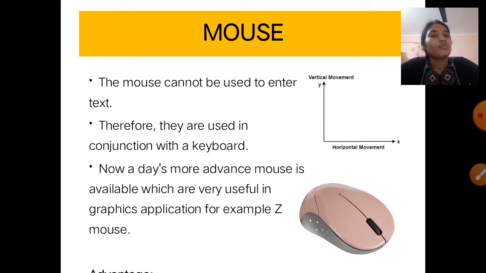Nowadays, more advanced mice are available which are very useful in graphics applications, for example the Z mouse. Advantages are that it is easy to use and not very expensive.